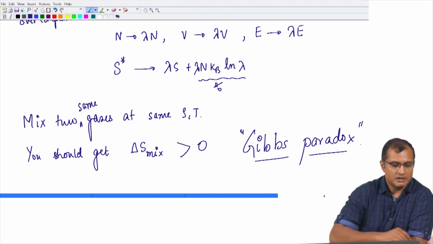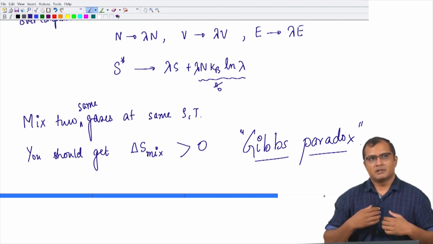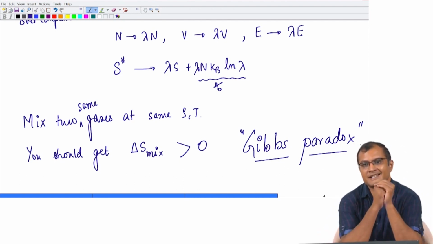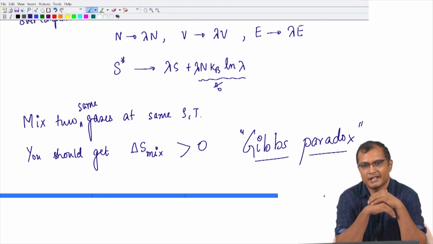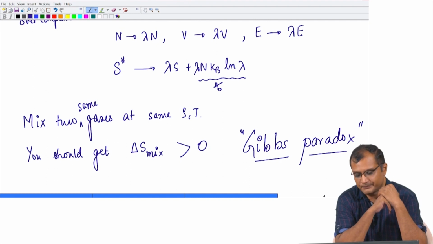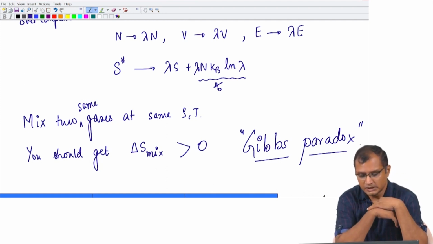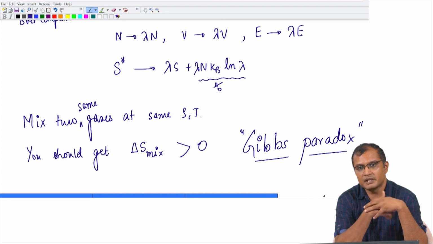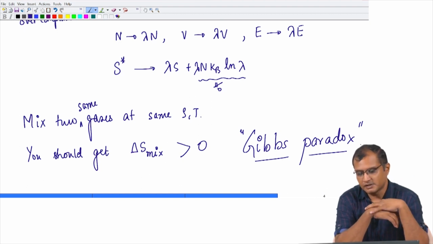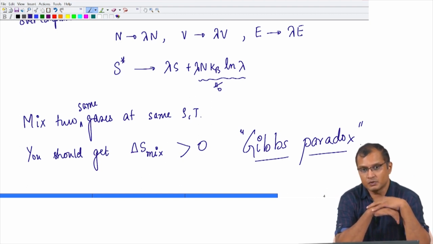So, at the heart of the Gibbs paradox lies the incorrect enumeration of microstates, precisely because you did not take into account that there are N factorial microstates that are indistinguishable, and you over counted them and thereby made the entropy non-extensive, and hence you ran into this issue.